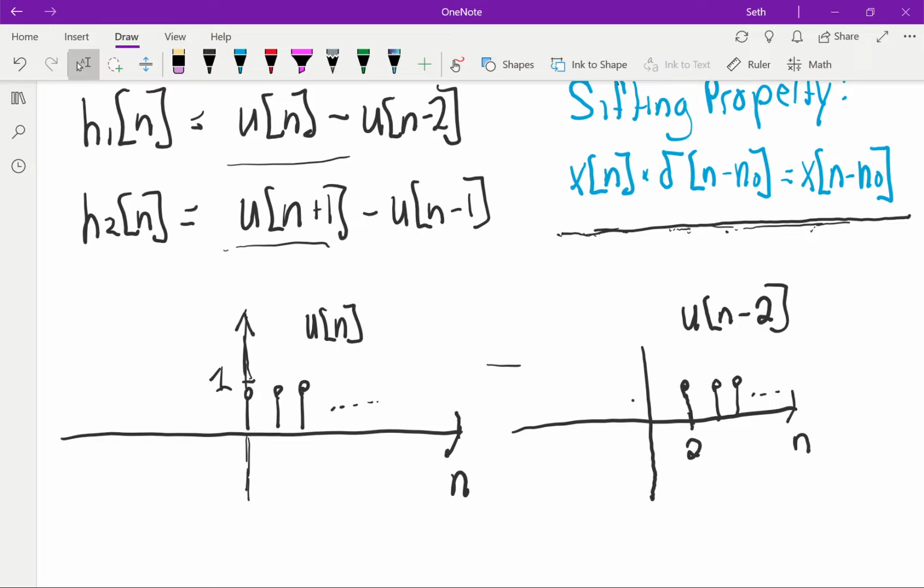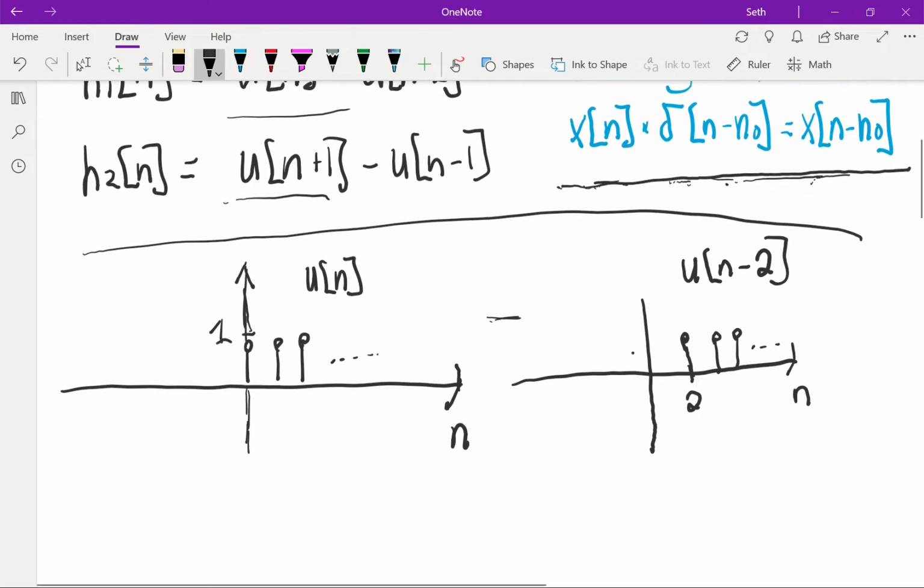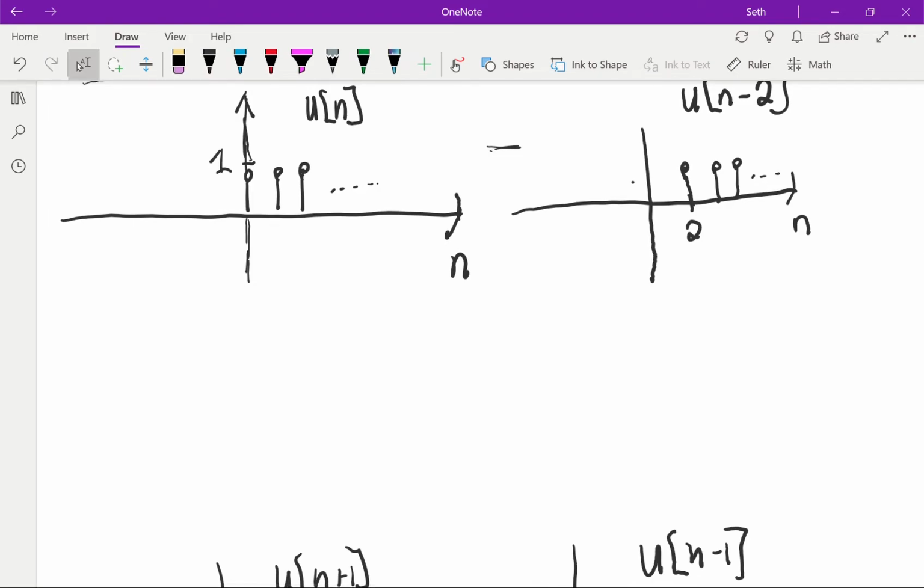We're going to start with h1 of n first. Here we have u of n, a unit step function, and here we have u of n minus 2. It's a shifted unit step function, and it starts at 2. We take the difference of these, and we get something that looks like this.